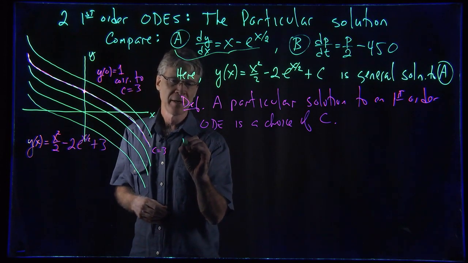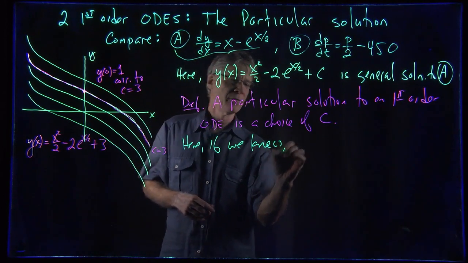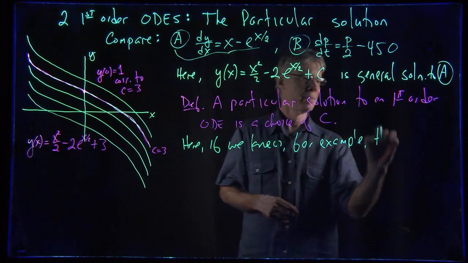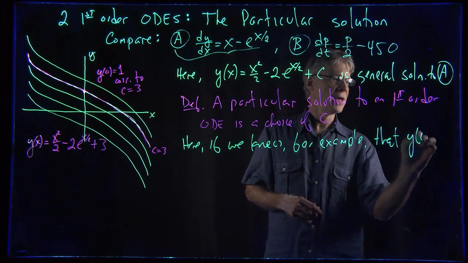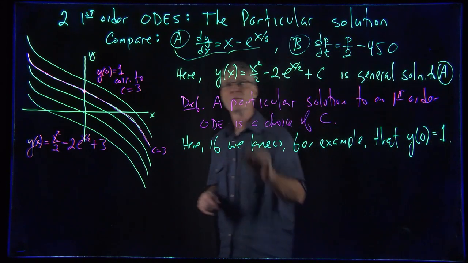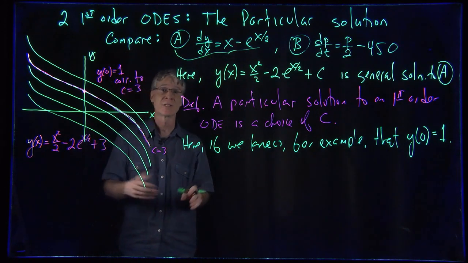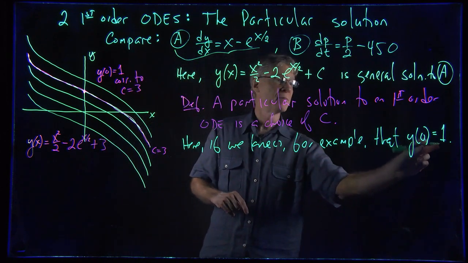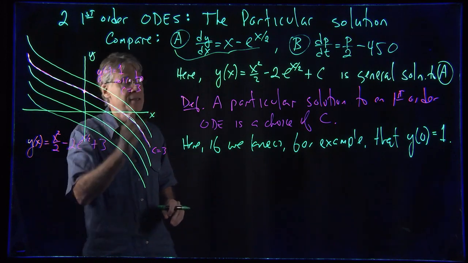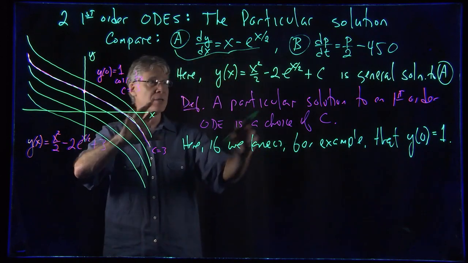So possibly if we knew, for example, that y of 0 equaled 1, so if we were given this differential equation, dy dx equals x minus e to the x over 2, and we were also given a bit of information, like I know that the solution I'm looking for at x equals 0 is 1, then these two things together tell me that I don't need to worry about the c.